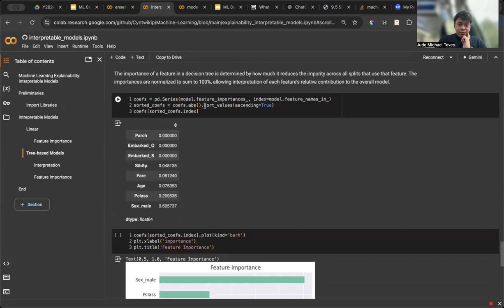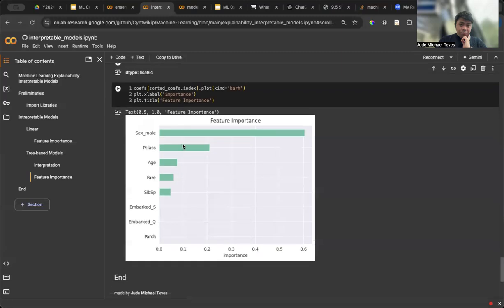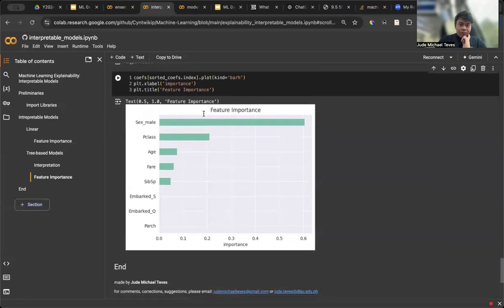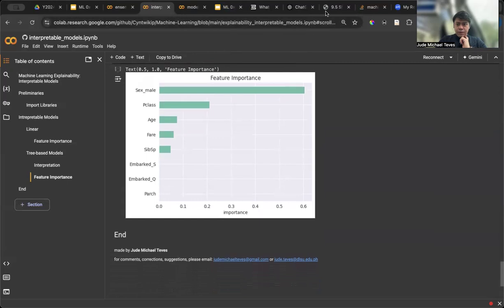You could use the built-in feature importances attribute of the model here. So you can see that still the top predictor is sex male. And that's the output which I visualize here. And that's it for this notebook session.